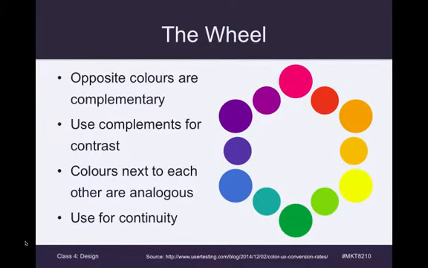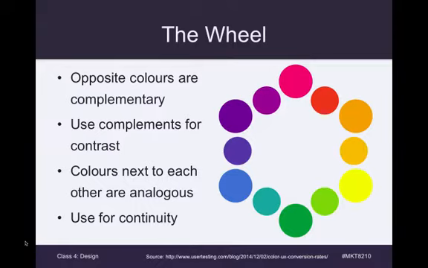So, the idea with this thing, the way you read a wheel, is colors that are opposite each other in the wheel, meaning across from each other, are complementary colors. So you use a complementary color when you want to create some contrast.